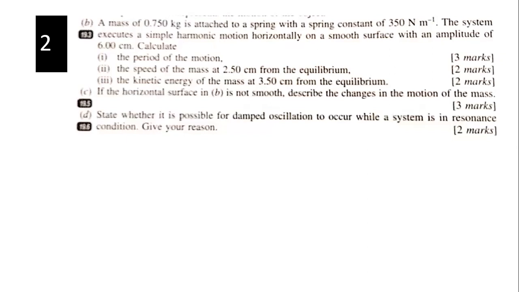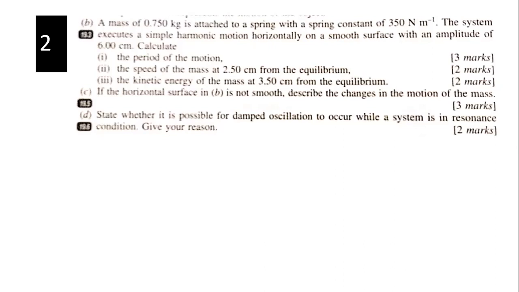If the horizontal surface in B is not smooth, describe the change in motion of the mass. What's going to happen? 3 marks, so make sure you have 3 solid points. Friction causes damping to occur. Loss of energy causes decrease in amplitude.